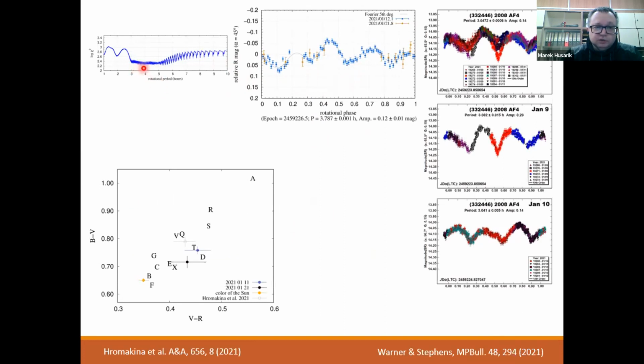The periodogram shows many periods between 3 or 4 hours, but later I found a paper from Warner, Stephens, Minopol and Bilton, that there are really many possible periods. So this is our result, and colorimetry shows that this asteroid should belong to X complex or Q.